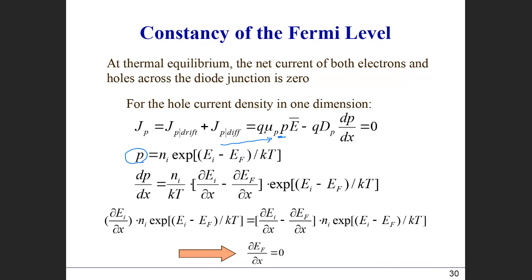We also take the derivative of this p and apply that here. When we take the derivative of the hole concentration, ni is a constant value, as I mentioned, while EI or EF can be a function of x. So you get this kind of function.